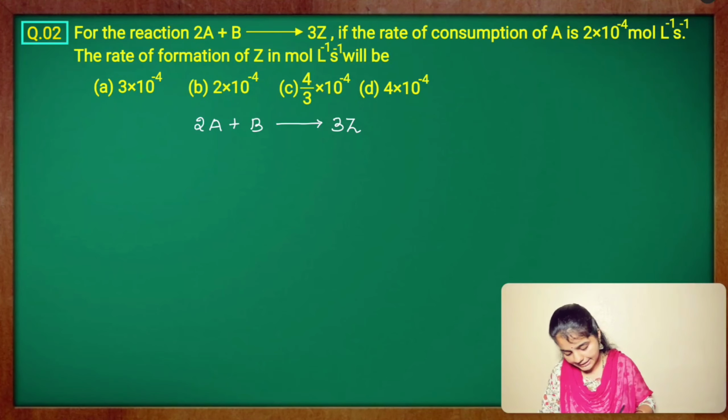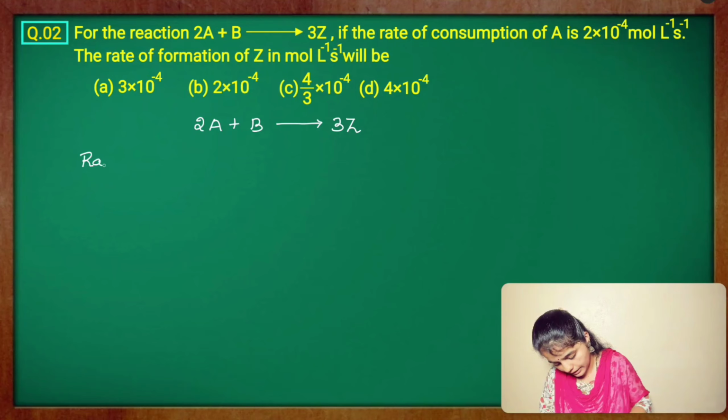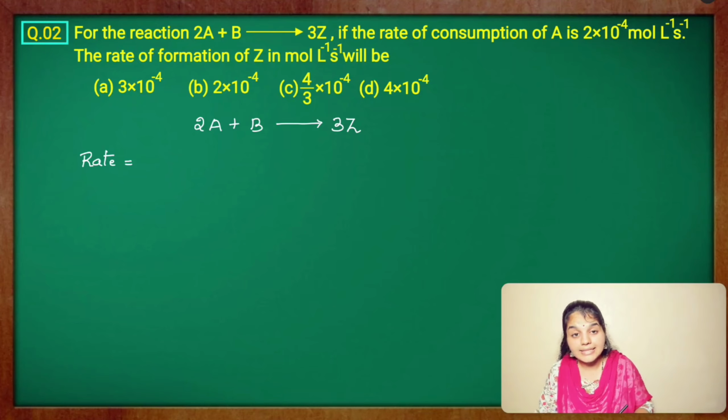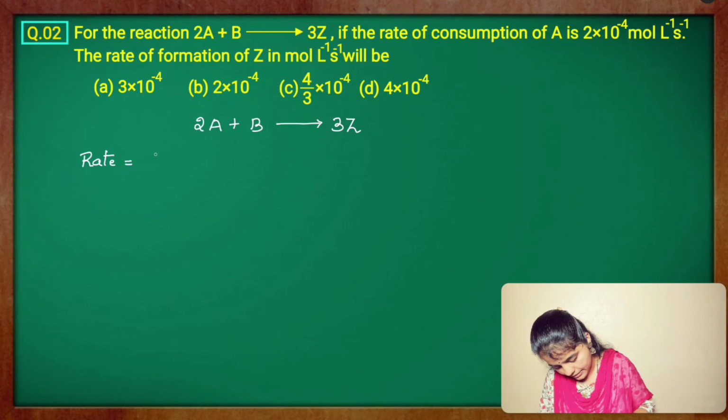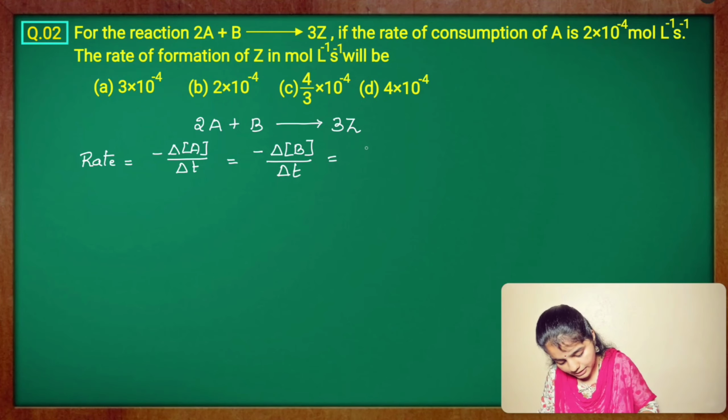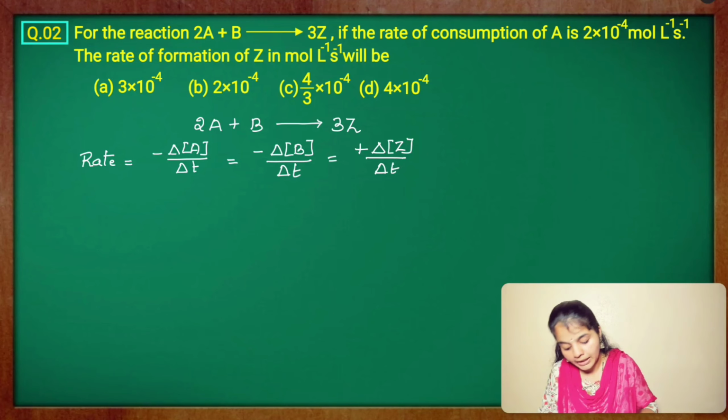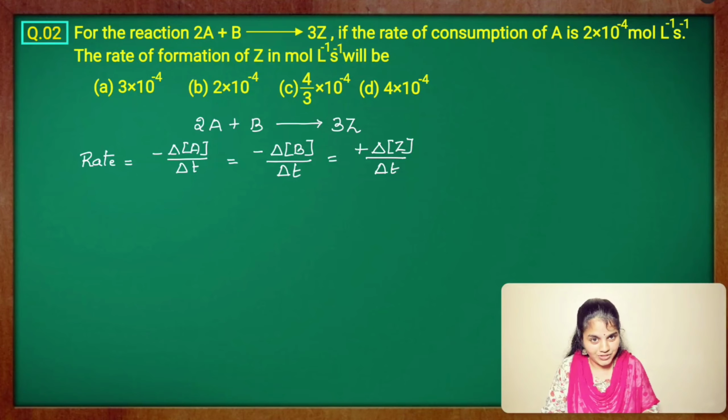Now let us write the rate equation for this reaction. Rate of reaction is equal to the decrease in concentration of reactant, minus delta A divided by delta T, that is equal to minus delta B divided by delta T, which is equal to the rate of formation of product, plus delta concentration of Z divided by delta T. Now we have stoichiometric coefficients.